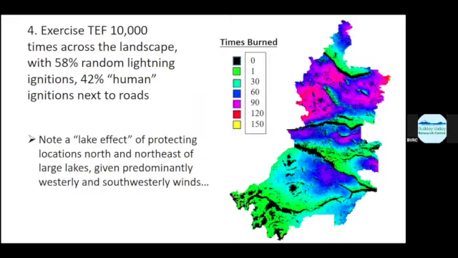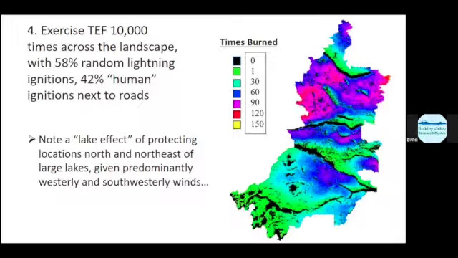So exercise that model with random point ignitions that are supposed to represent lightning, and human ignitions only next to roads where humans tend to congregate. A 58 to 42% ratio between the two is the overall average across the province, 58% of fire.